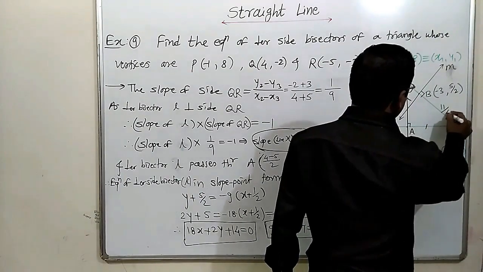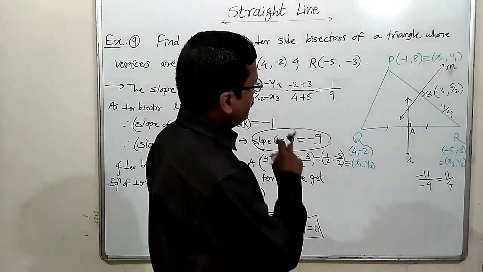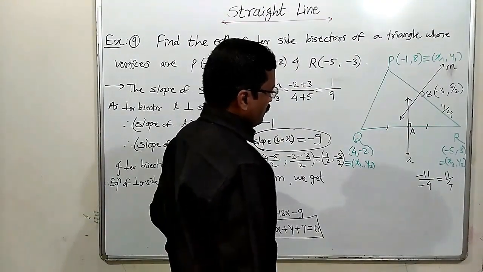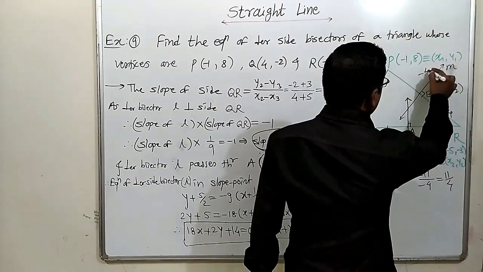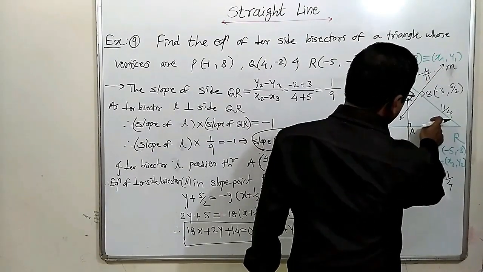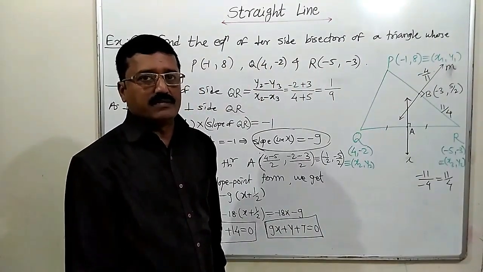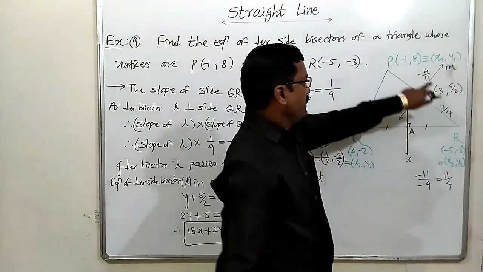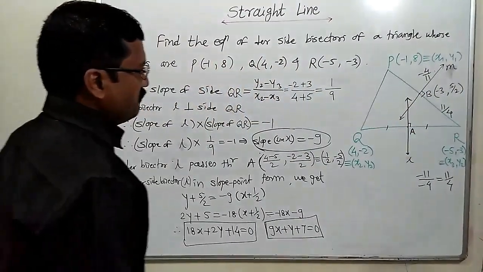So the slope of this will be 11 by 4. From this, the slope of this perpendicular is minus 4 by 11. If it is 11 by 4, the slope of the perpendicular will be the negative reciprocal of that. So negative and reciprocal, that is minus 4 by 11.